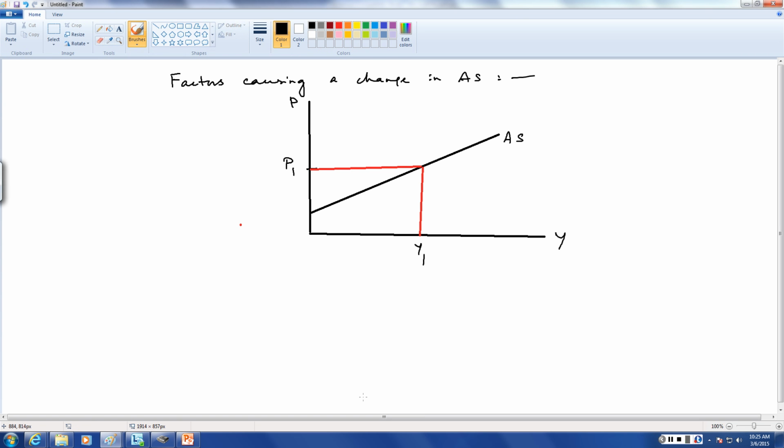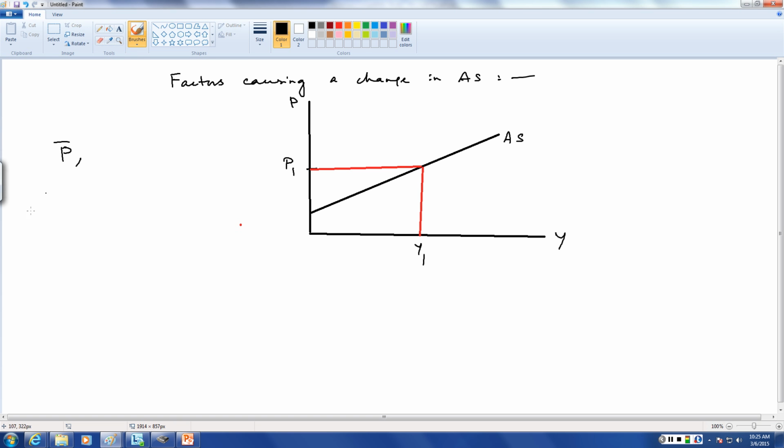Okay, now we are going to keep the price level unchanged, because when we speak of shifting curves, we're holding the price constant. Am I correct? Right? Because we're talking about horizontal shifts of the curve. So the price level is held constant, so we have an overbar over the price level.